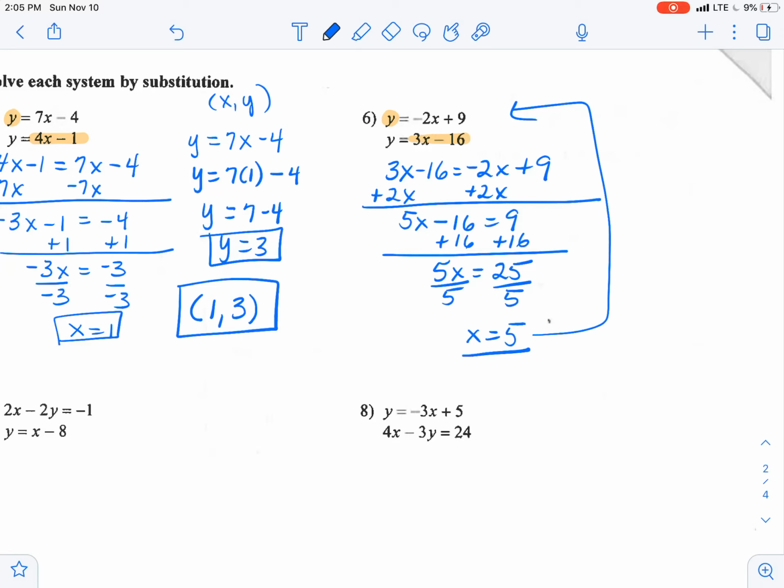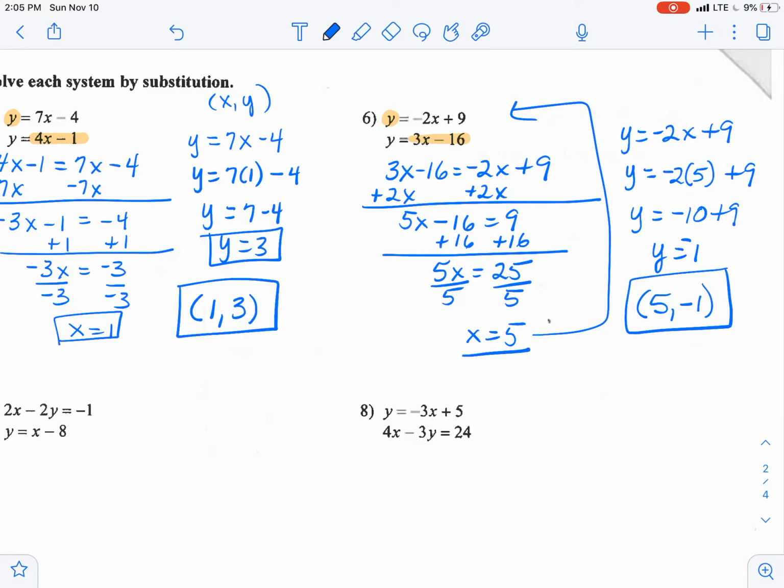Okay, so I know that y is negative 2x plus 9. I know that x is 5, so I'm going to put a 5 in the position where the x was. That's going to give me negative 10 plus 9, so y is negative 1. Okay, again, we write this as a point, (5, negative 1). That's my final answer.